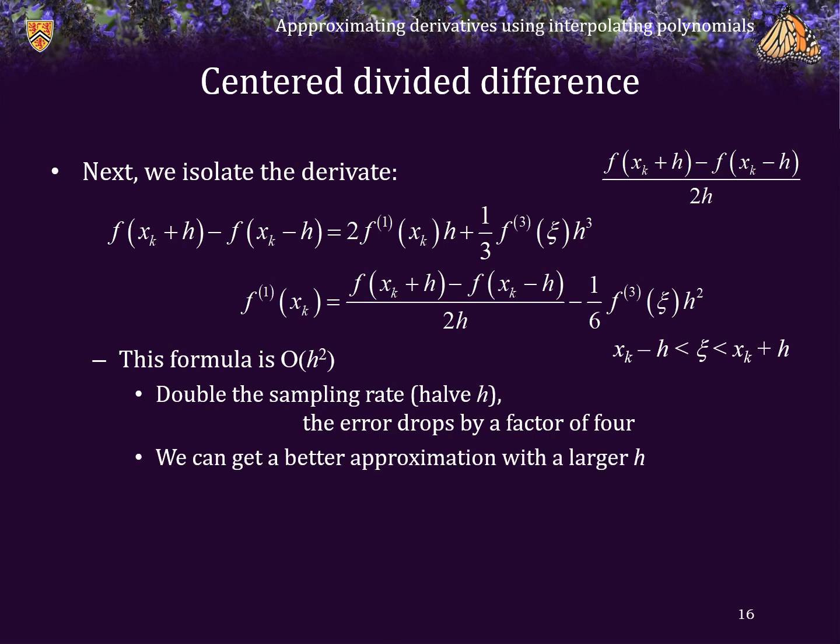All right, so we can get a better approximation with a larger value of h as compared to the previous formula that was f at x_k plus h minus f at x_k all over h.